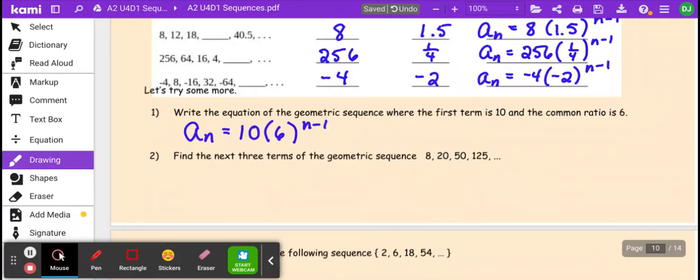Okay, if I look at the next one, this is one where, again, I wouldn't waste my time coming up with the sequence formula, because really to find the next 3 terms, all I have to do is figure out the common ratio, right? Take a moment, see if you can figure out the common ratio. Right?